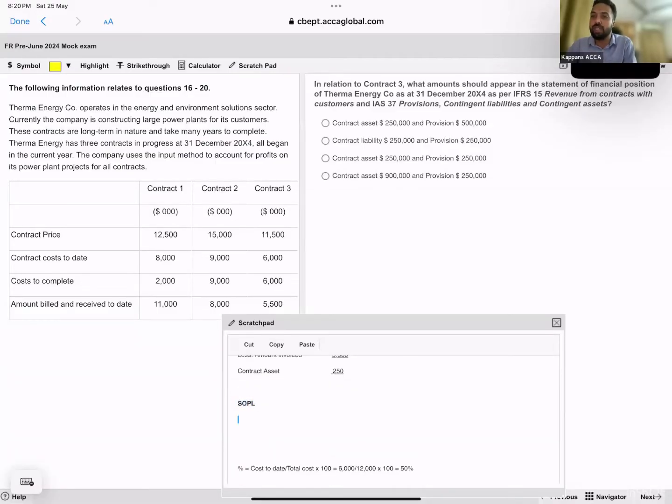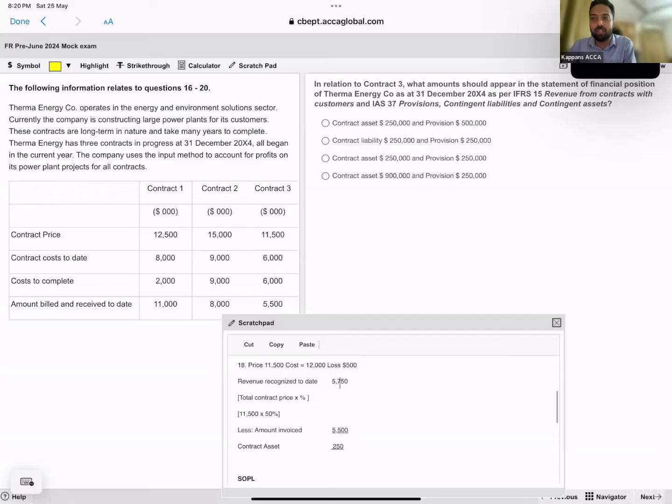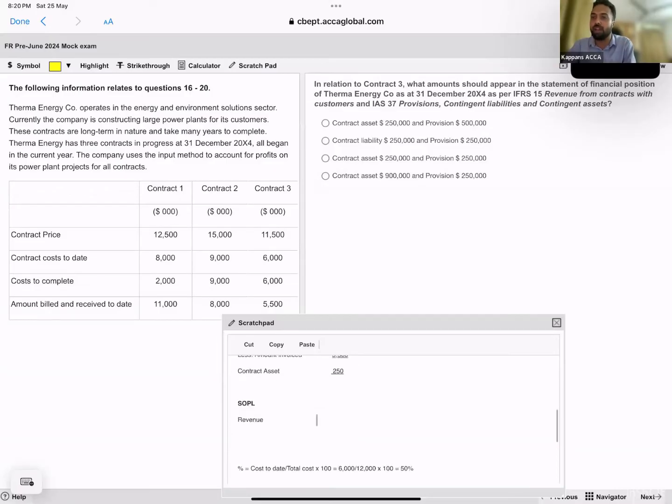So in the SOPL of the current year, revenue is total contract price into percentage of completion, 5,750, and cost to date is 6,000. So already in the profit and loss account, the entity might have recognized a loss of 250, 5,750 minus cost 6,000.